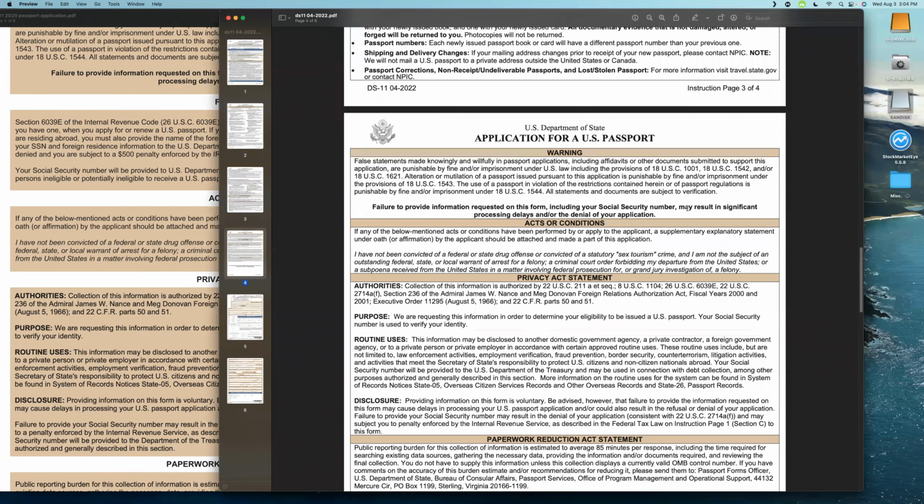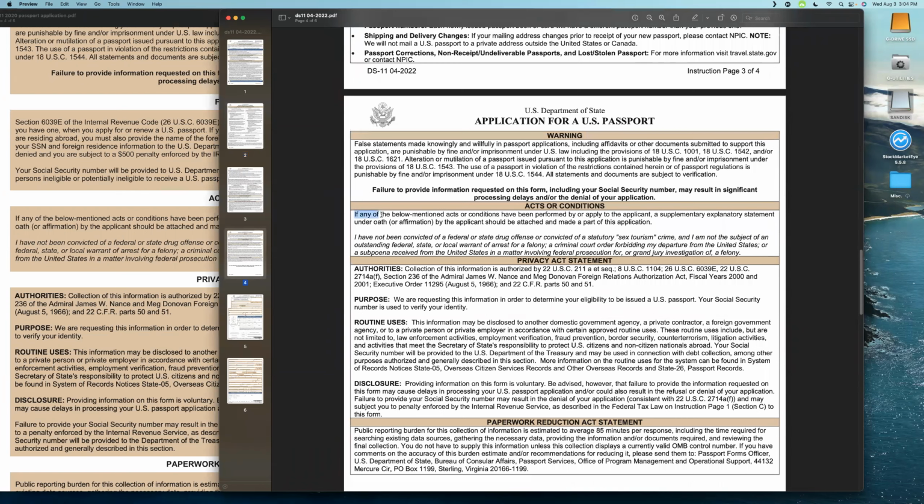Here it is, acts and conditions. Yep, it's not there. So all they want you to do now is provide an explanatory statement. Now, what do you do with this section here if they don't want you to line it out? Simple.